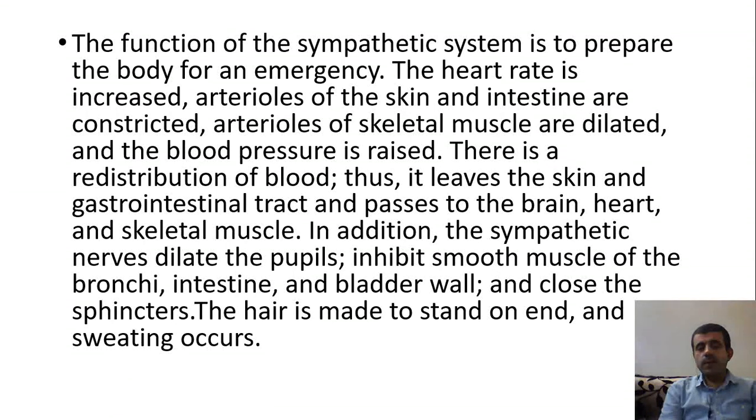and the sympathetic system inhibits the smooth muscle of the bronchi. Okay, so there will be constriction of the bronchi. So they inhibit the smooth muscles of the bronchi, and they inhibit the smooth muscles of the intestine and bladder wall, and closes the sphincters.